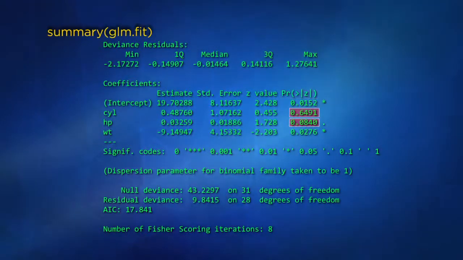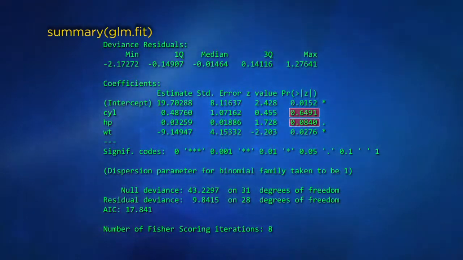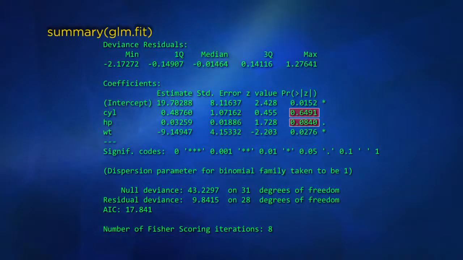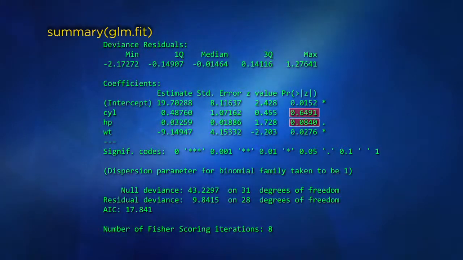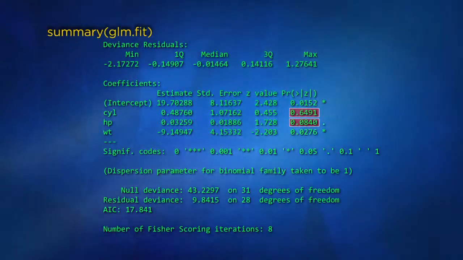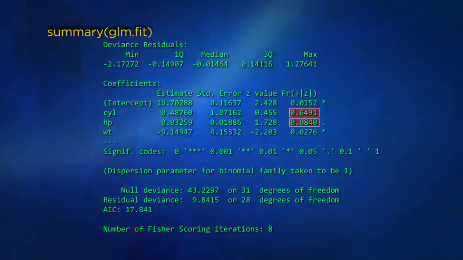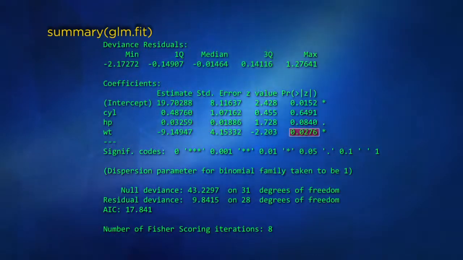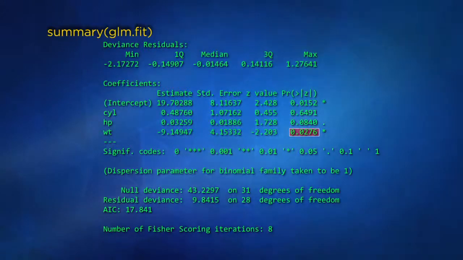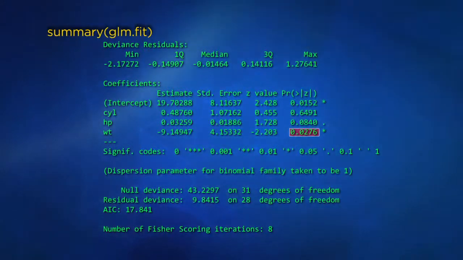Now, since the p-value in the last column is more than 0.05 for cylinder and horsepower, we consider them to be insignificant when they contribute to the variable transmission, or AM. So we'd want to take them out of the model. In fact, only the weight variable impacts AM in this logistic regression model.